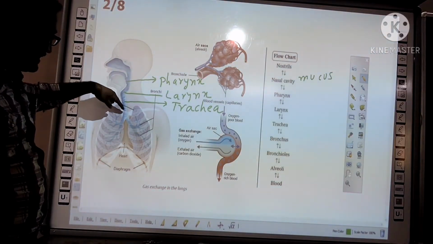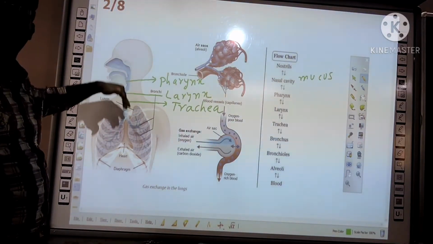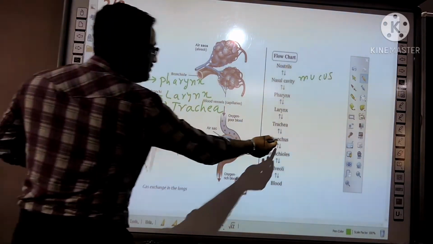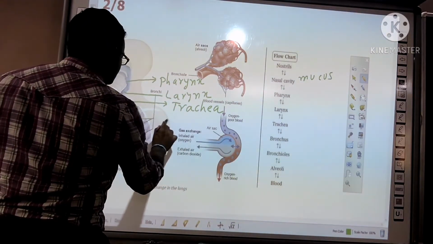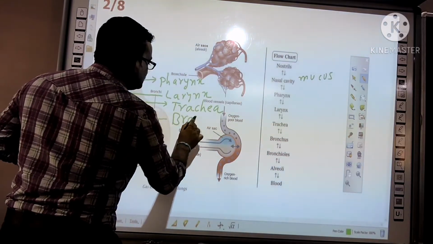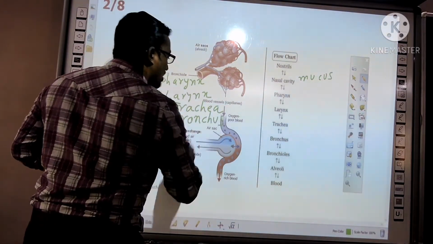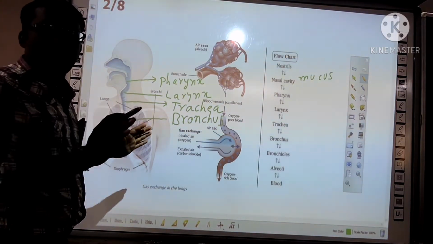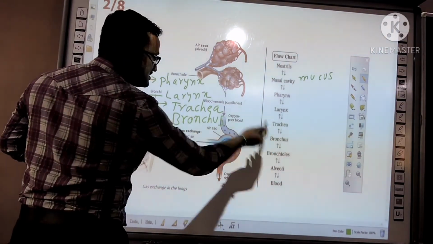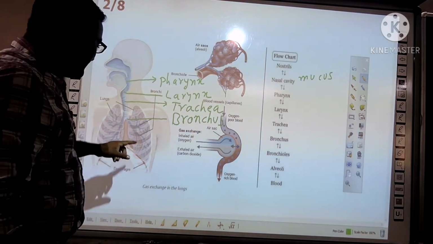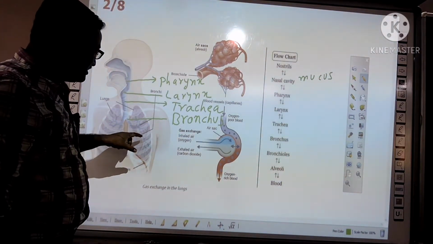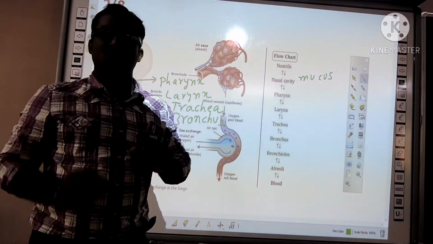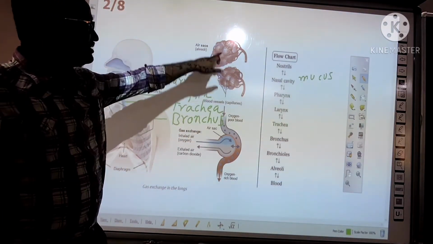This trachea moves downward and divides into two branches called bronchi. Each bronchus divides into small branches called bronchioles. And each bronchiole finally enters a cluster of sac-like structures called alveoli. These are alveoli.